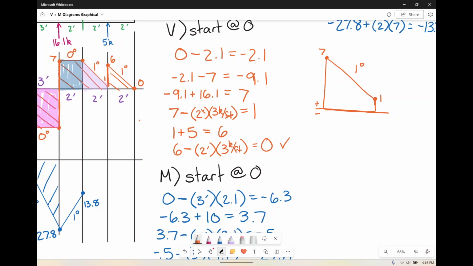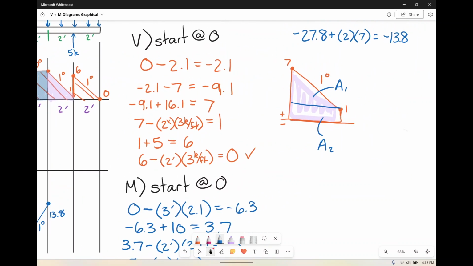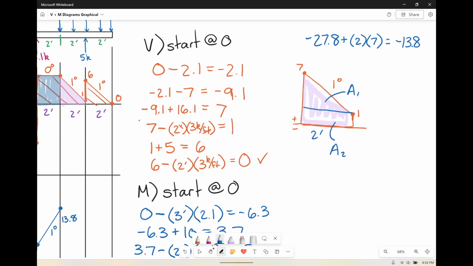But you need to take the area of this whole glorious thing. So I'm going to do it by breaking it into 2 separate things. I'm going to say that's area 1 and that's area 2. Because I don't remember the equation of a trapezoid for area. But I do know that it's a rectangle and a triangle, and I got that. So that distance is 2 feet, by the way.